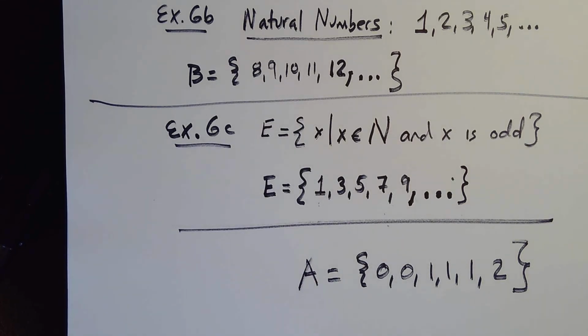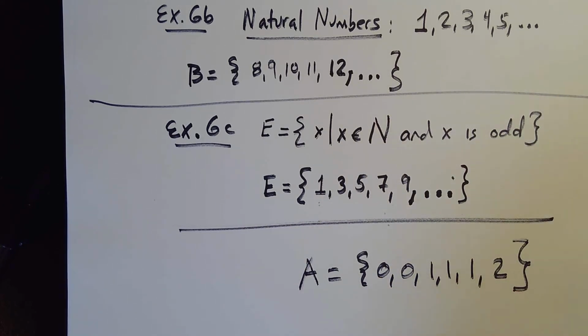I'm not going to count the repetitions and say I have 6 elements. You have 6 elements, but not 6 distinct elements. And for cardinality, we're looking at distinct elements. So the cardinality of A is 3 here, because you have 3 different numbers.